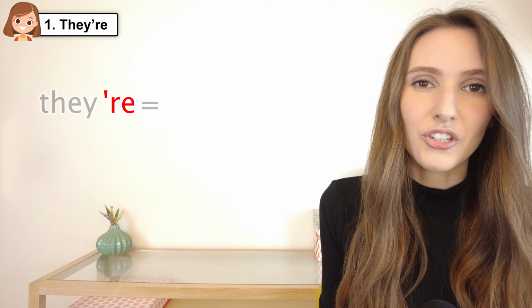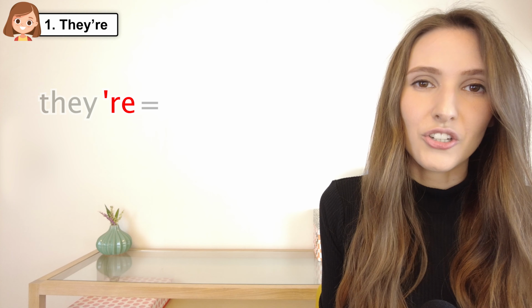First, with they're, as it might be the one you're most familiar with. So they're is actually the contraction of the personal subject pronoun they plus the verb be in its simple present plural form are. So let's break it down.